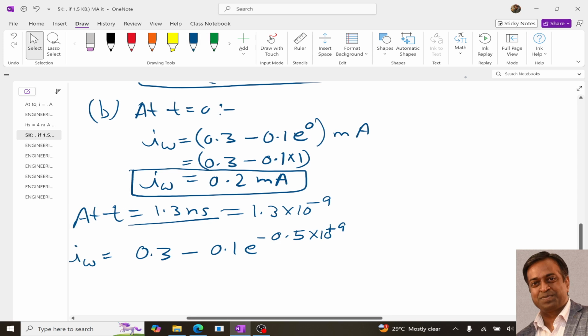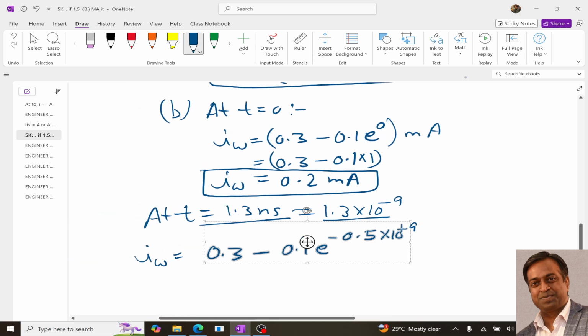Substituting the value of t, which is 1.3 into 10 power minus 9 seconds.